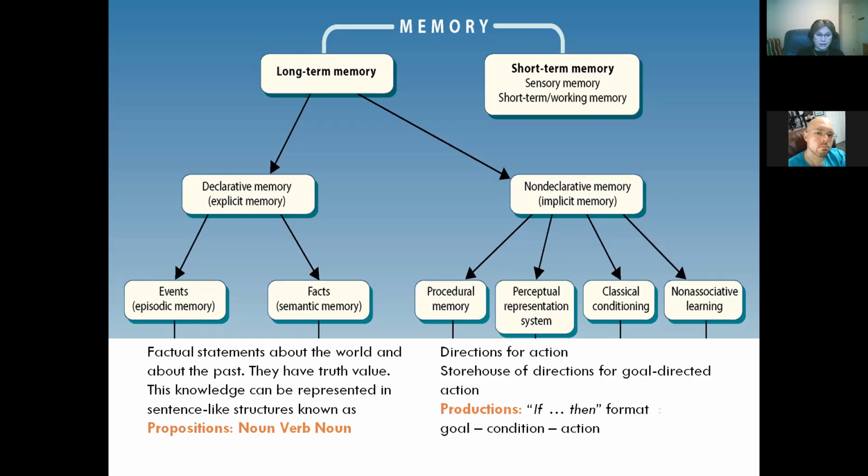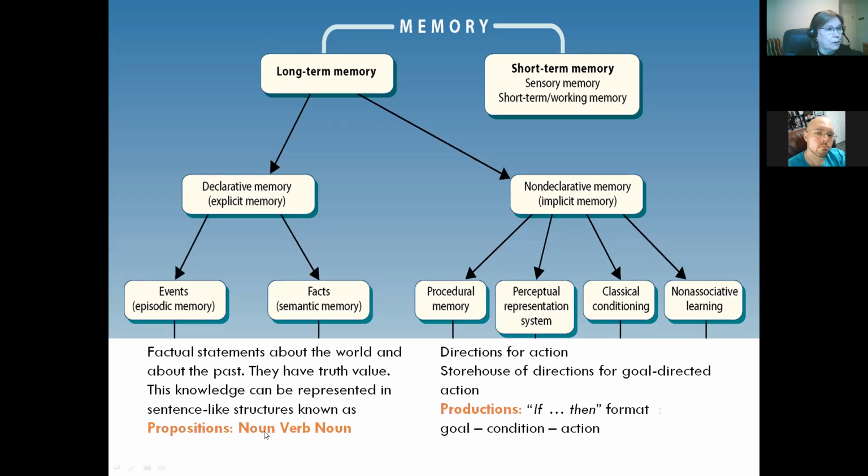So usually when we talk about declarative or explicit memory, we talk about propositions. And that's here at the bottom. So what's a proposition? Well, it's a sentence, an utterance that has this form: noun, verb, noun, or noun, verb. Think about semantics, meanings of words. What does the word blunt mean? Well, blunt means dull. We also know, think about numbers, that 3 is less than 4.